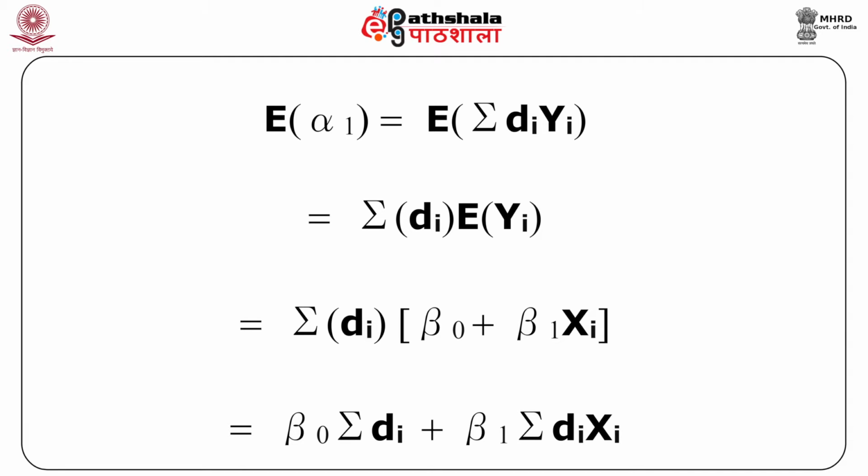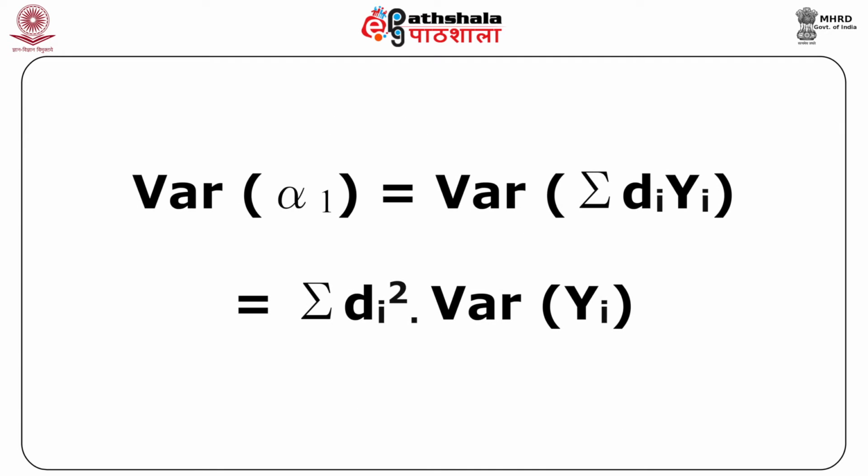Substituting expectation of yi is equal to beta naught plus beta 1 xi. Now this is equal to beta naught summation di plus beta 1 summation di xi. For alpha 1 to be unbiased, expectation alpha 1 is equal to beta 1. That is only possible if summation di is equal to 0 and summation di xi is equal to 1.